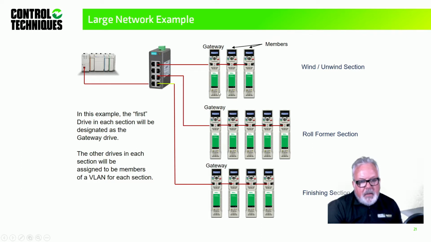The VLAN is going to put a label on each message, and that will also help to increase throughput down the line that you see here.